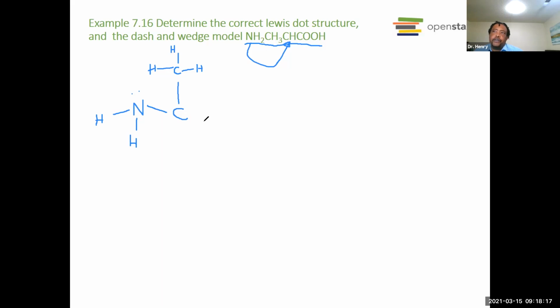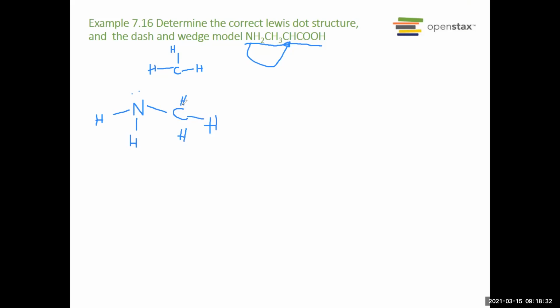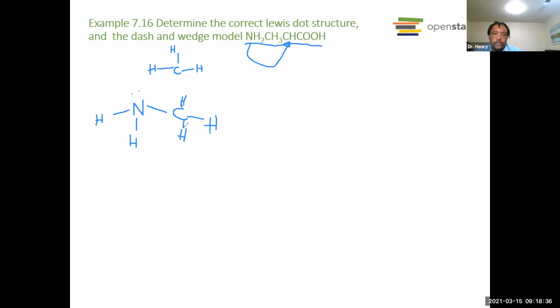If there's three hydrogens here, that's not feasible, because carbon is only going to have at most 4 attachments. It's never going to have 5 or 6 attachments. For it to be able to continue to attach, it would have to have another attachment. So both of these structures are attached to this carbon.